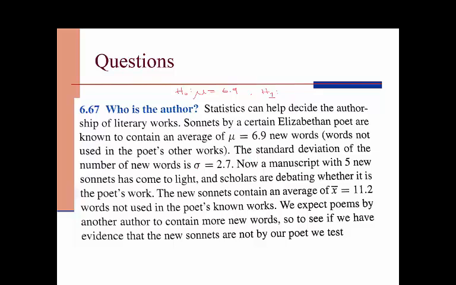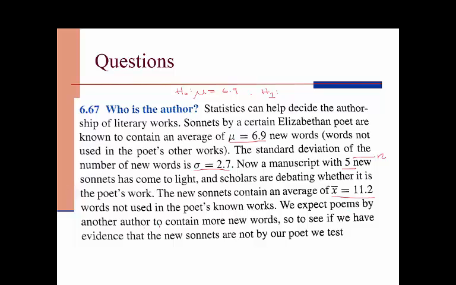So you know standard deviation, sigma is 2.7, you know mu is 6.9. He says 5 new sonnets has come to life, so you know this is n, sample size. And you know the new sonnets contains an average x bar equals 11.2.